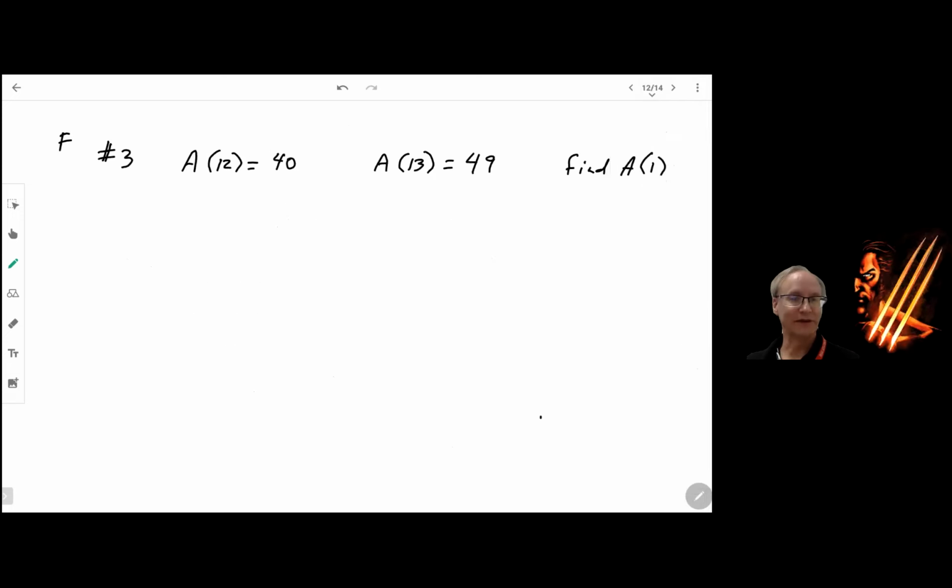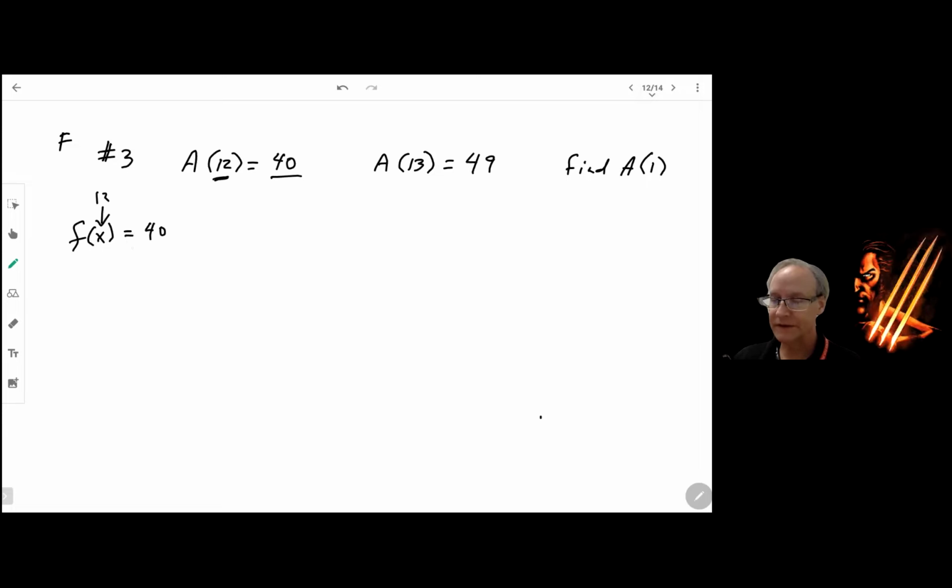Now for the really good news. This is supposedly a sequence, but it could also be described as a function where this is an x value and this is a y value. This is like f of x is equal to 40 when x is 12.